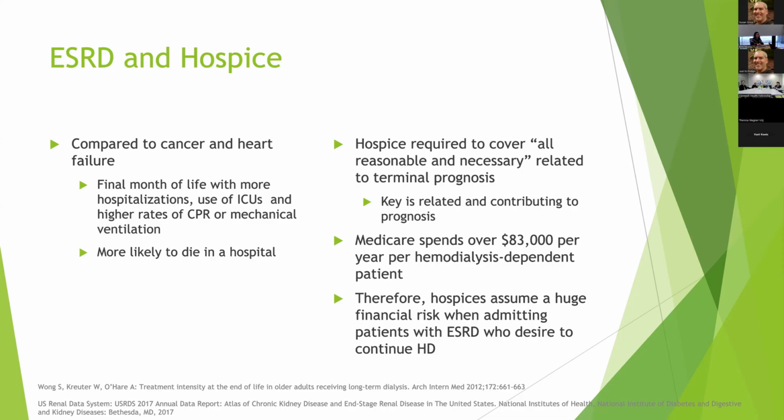Probably gone up quite a bit since then. And I think too, that's just the dialysis cost, right? That's not the cost of all the other complications, comorbid conditions, hospitalizations, et cetera.